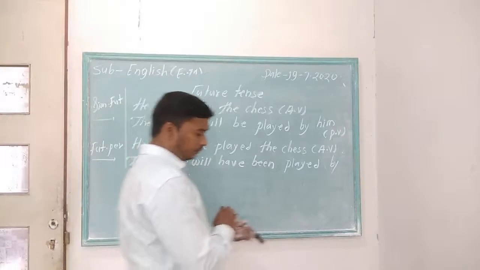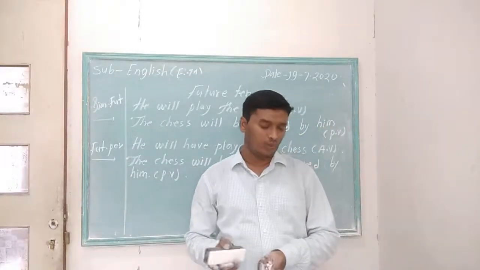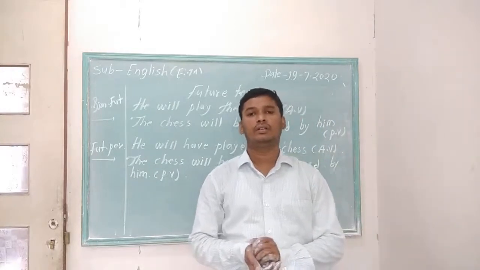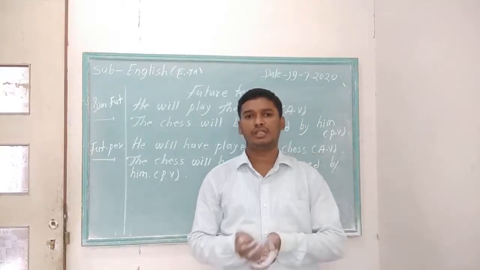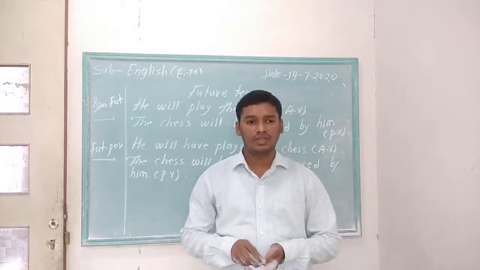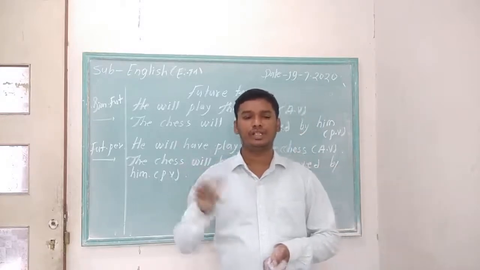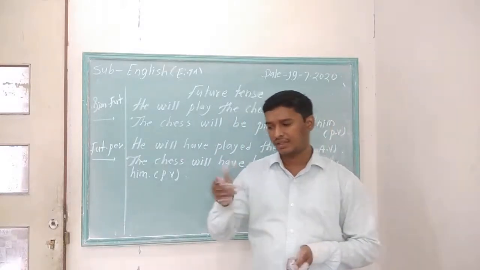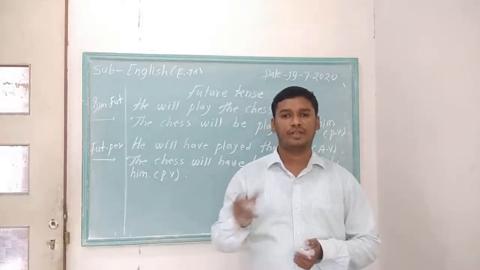Okay, look. Pay attention here. In this first method, we have learned present tense, past tense, and future tense, and their conversion into passive voice: simple present, present continuous, present perfect, simple past, past continuous, past perfect, simple future, and future perfect.